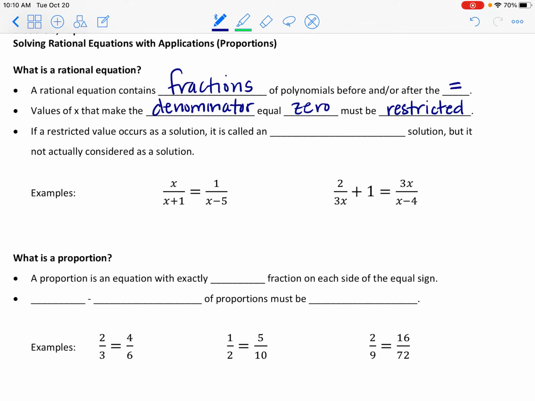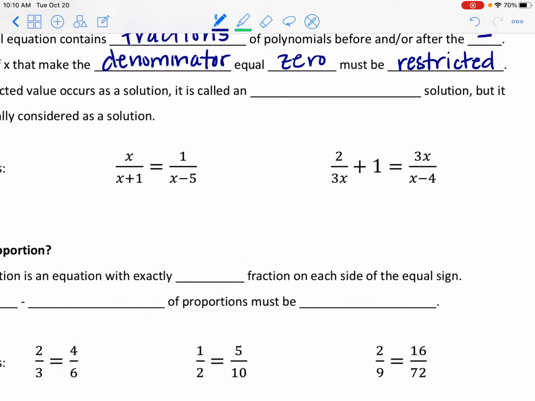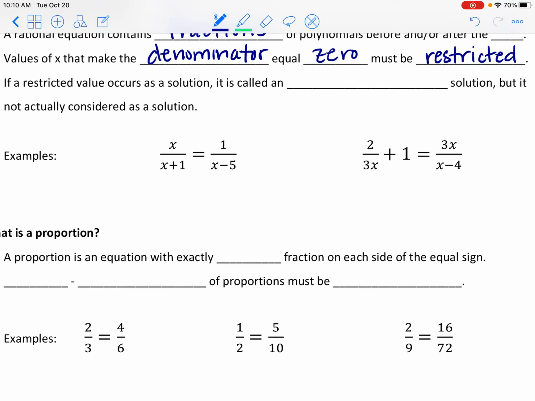which means for an equation they have to be restricted as possible solutions. So for example, in this first equation, there's no restriction on the numerator, so I'm not concerned about the numerator when I'm looking for restrictions, but in this particular denominator, x plus 1, if I said that x was equal to -1, well, that -1 here and +1 would put a 0 in the bottom of the fraction, which is no good.